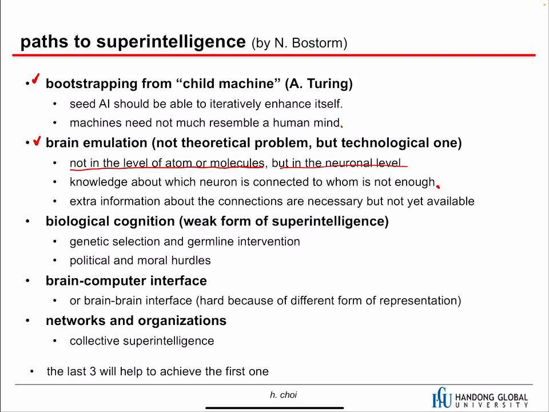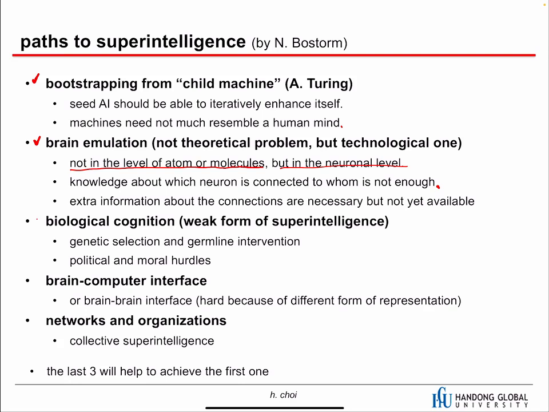Extra information about the connections is necessary but not yet available. If we can emulate our brain, that is equivalent to our brain, so we have human level intelligence. Then once we have human level intelligence, it's easy to get superintelligence because this machine doesn't need any break. It can evolve. It can get better and better without any break.